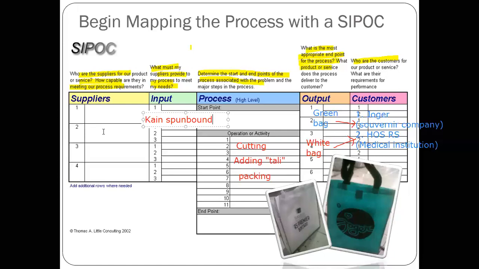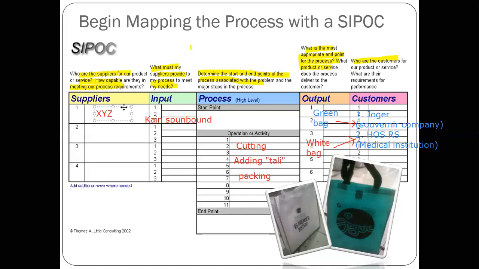Then we find out that the supplier is XYZ, which is actually a sister company of this organization. The sister company is owned by the same owner and supplies the spunbond.